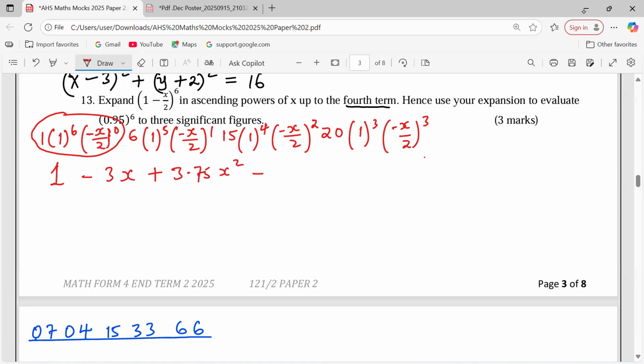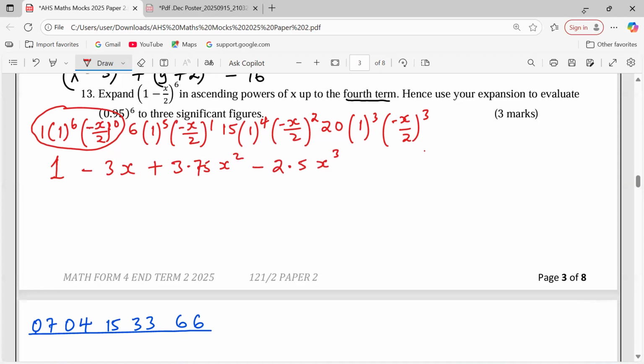Then minus 20 times 1, negative x over 2 power 3 becomes negative x power 3, then 2 power 3 becomes 8. So 20 over 8, this is 2.5, and the value of x is to power 3 that way. These are the first 4 terms of the expansion.